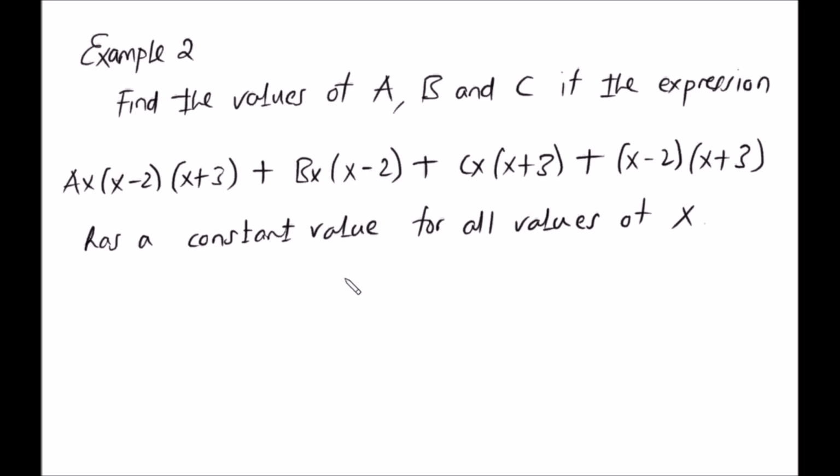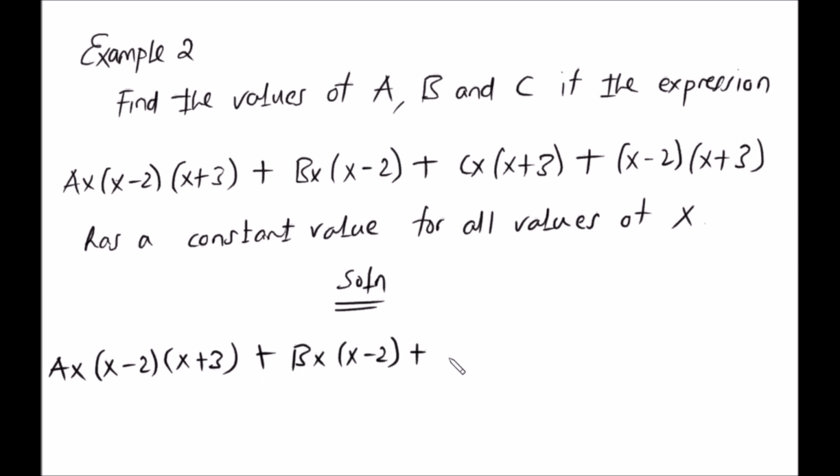So hii expression tuliopewa hii hapa juu ambayo ni A x minus 2 times x plus 3 jumlisha B x minus 2 jumlisha C x plus 3 jumlisha x minus 2 x plus 3 asema has a constant value d.